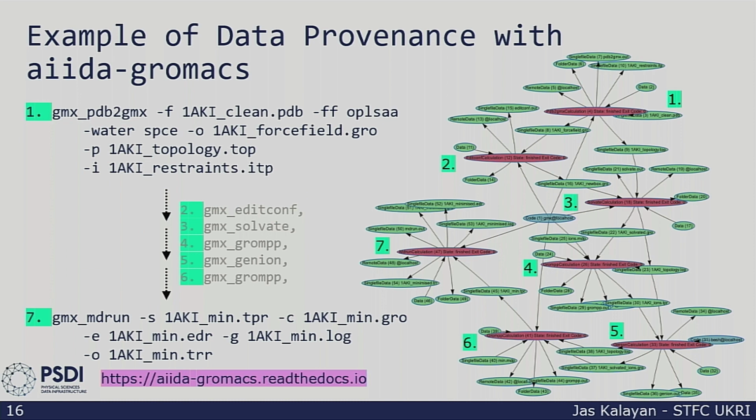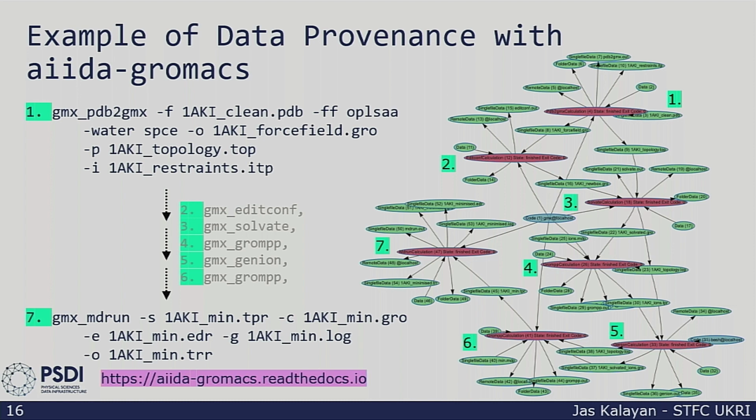So here's an example of what that provenance graph would look like for minimizing a protein using GROMACS. It's just to highlight how you can visualize the inputs and outputs for each of those commands and how they're connected to each other.